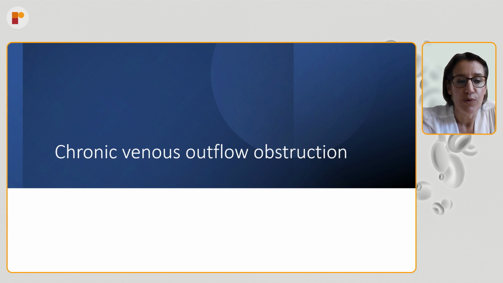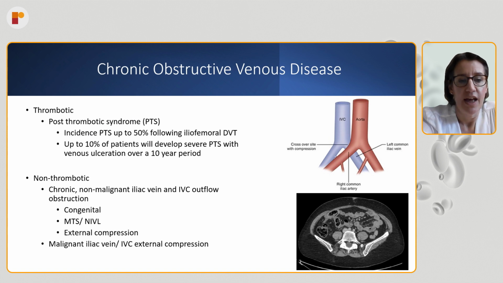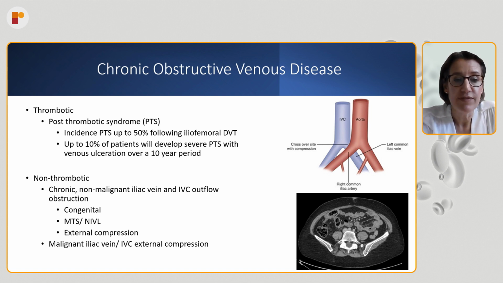So moving on to chronic venous outflow obstruction. This again can be either thrombotic or non-thrombotic in nature, the most common being post-thrombotic syndrome following an acute DVT. As mentioned previously, the incidence of this is up to 50% in those patients with an iliofemoral DVT.